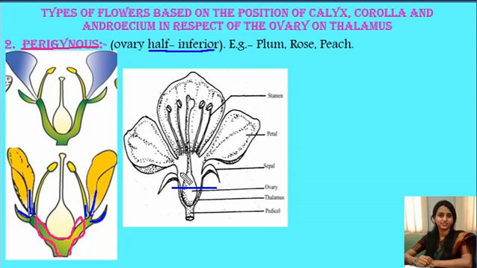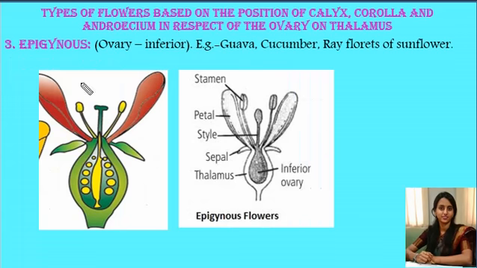As I said, in hypogynous flowers, what is the position of the ovary? In hypogynous flowers, the ovary is said to be superior, whereas in perigynous flower, the ovary is said to be half inferior. Then third one is epigynous flowers.